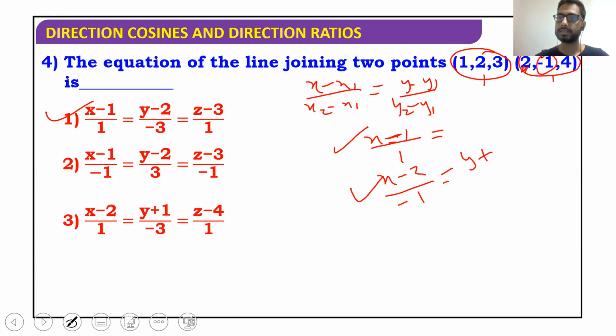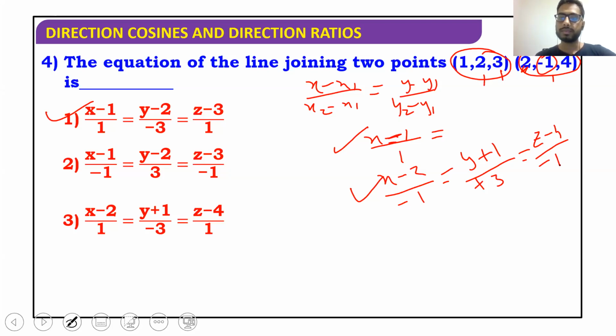So y1 in this case is minus 1, so y minus minus 1 would be y plus 1, upon y2 minus y1, which is 2 minus minus 1, equal to plus 3. Similarly, z minus z1, so that is z minus 4 divided by z2 minus z1, and 3 minus 4 is minus 1.